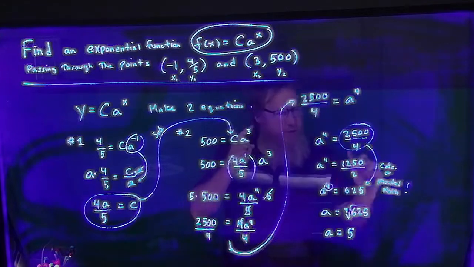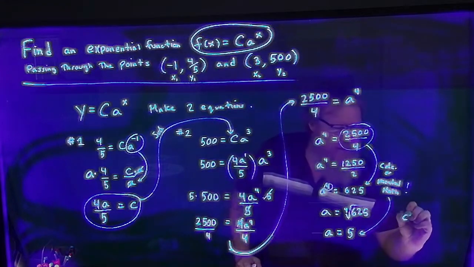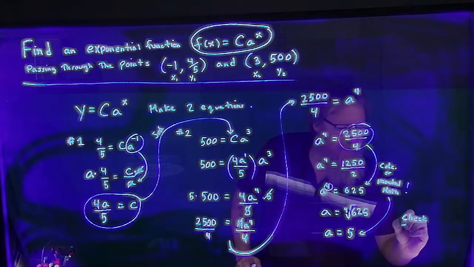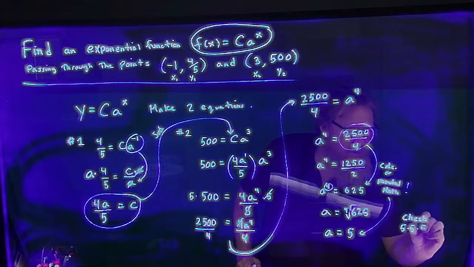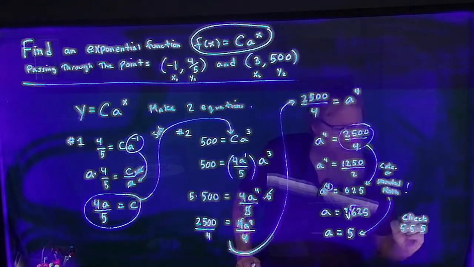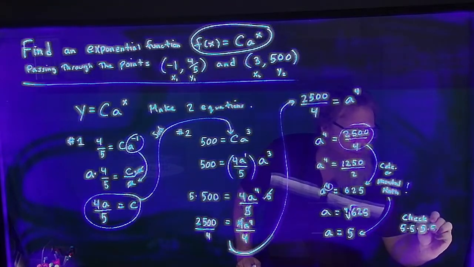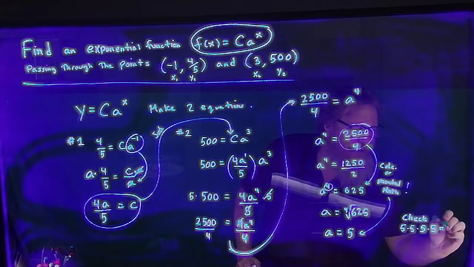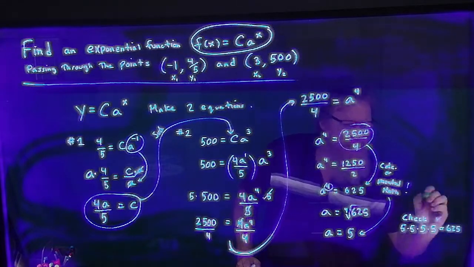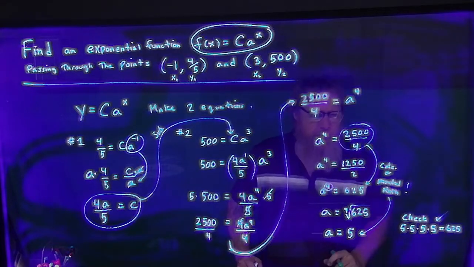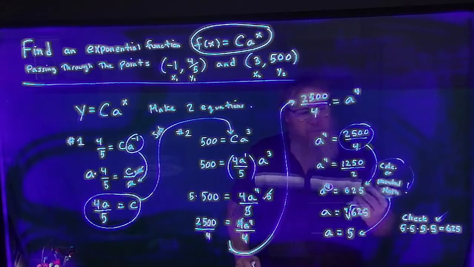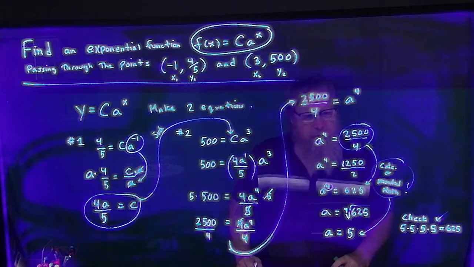But again, I'm just using mental math here. Let's check. 5 times 5 is 25. 25 times 5 is 125. And 125 times 5 is 625. So it does, in fact, check out. Again, use a calculator if your mental math is a little sketchy, or if you are just lazy and don't want to actually do it in your mind.